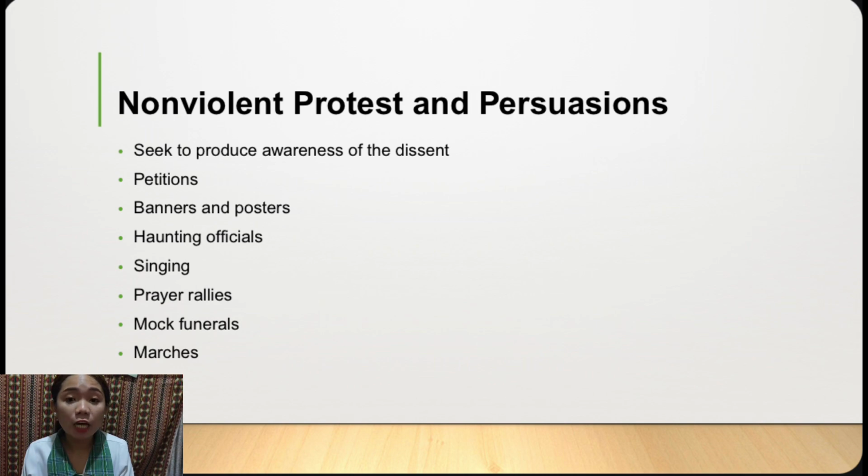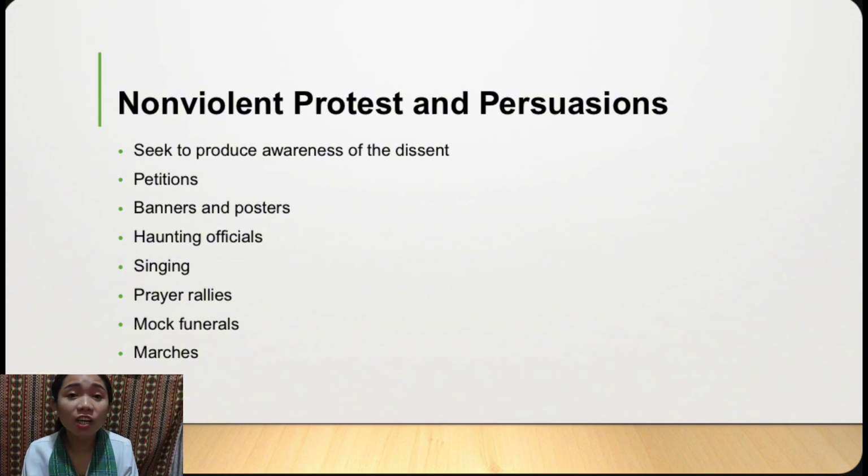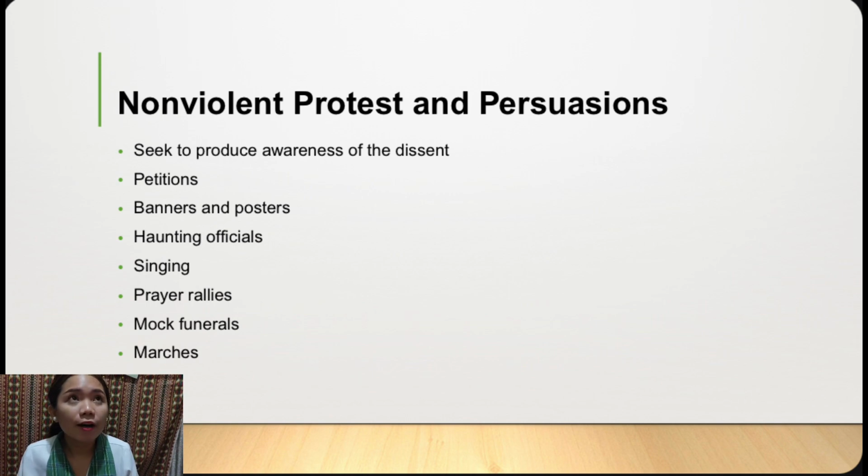Non-violent protest and persuasions seek to produce awareness of the dissent. As I further explained earlier, non-violent protests seek to persuade and inform the public or the people about what they dislike in the policies or laws being imposed by the government.